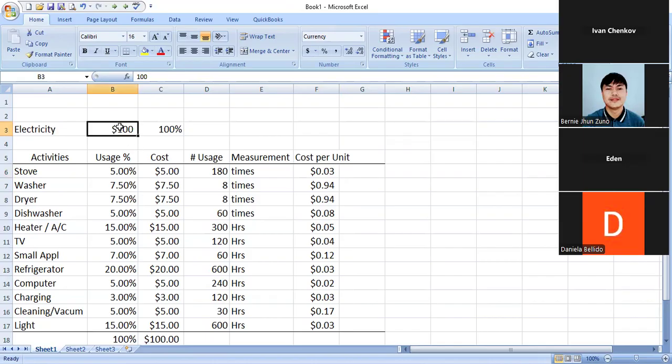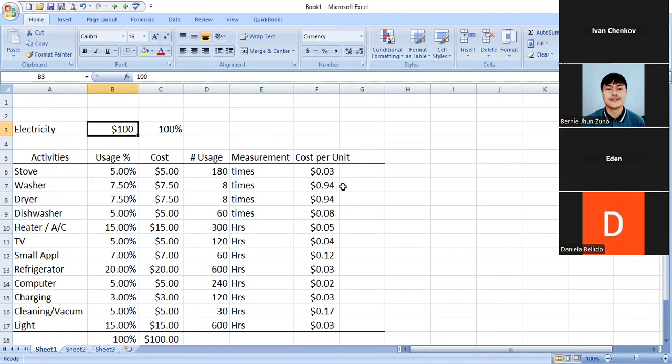I'm paying $100 because every time I use my stove, it costs me 3 cents. I'm paying $100 because every time I use my washer, it costs me 94 cents. And because I'm using the washer 8 times, that drives $7.50, which adds to my electricity bill.